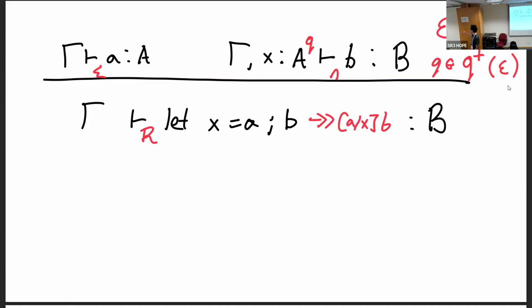So in this example, maybe A is undefined behavior and X is used arbitrarily, and this will hold. That works. Or maybe A is non-determinism. If A is non-determinism, well, we're allowed to eliminate non-determinism, so X can be used affinely. But on the other hand, we're not allowed to duplicate non-determinism.